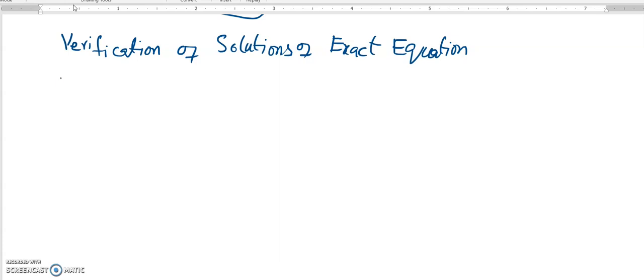So let's take the example. For example, previously I took example 2. So we found the example was this equation.